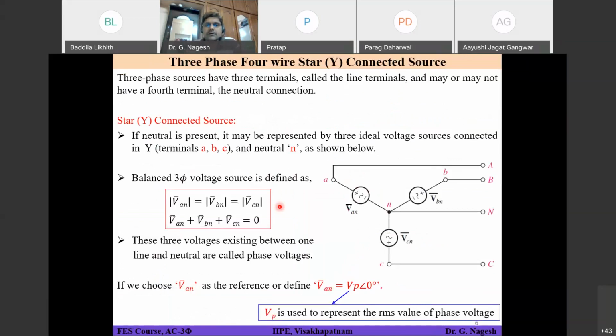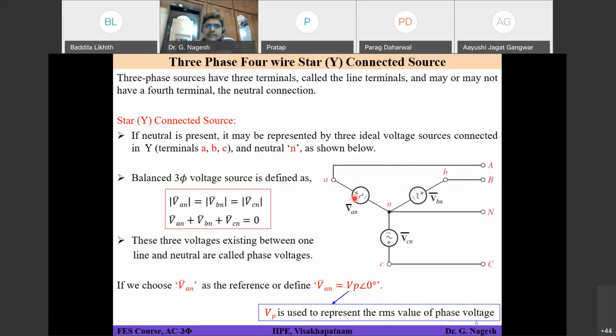So line voltage is between which terminals here? That means VAB is the voltage measured between this A and this B. You are understanding? That means if I connect a voltmeter between terminal A and terminal B, I am going to observe root 3 times more than the RMS value of phase voltage.